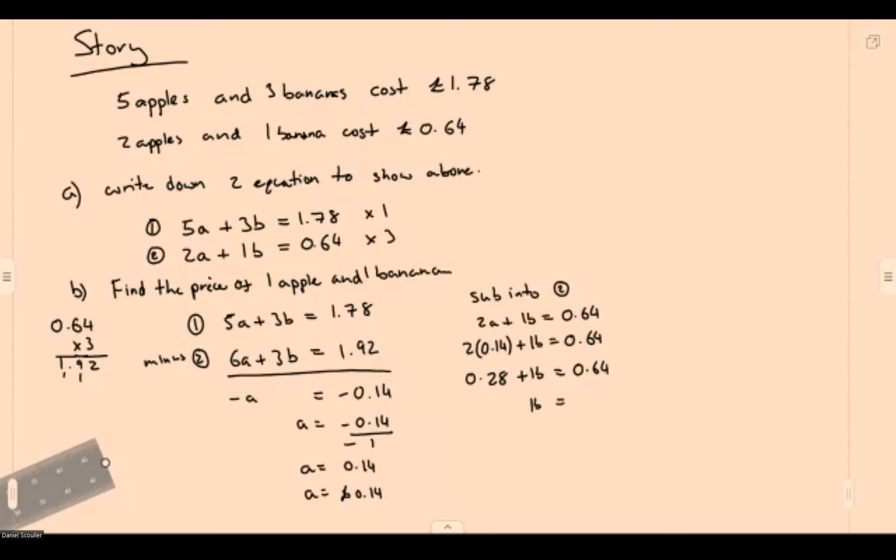One banana is 64 pence minus 28 pence, 64 minus 28 is 36 pence. One banana is 36 pence.